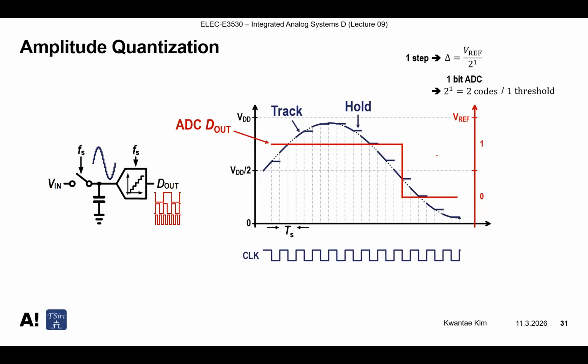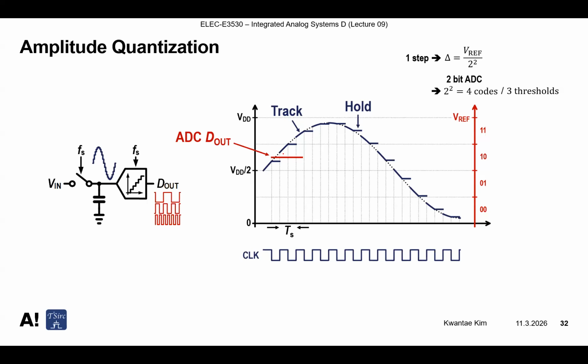If we go to the 2-bit ADC case, you can simply think about it. We first set the 3 thresholds for the 2-bit ADC. Within the first hold window, second hold window, we produce the ADC output, and I want to highlight this.